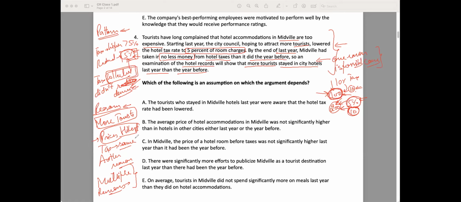Right? Again, the reasons could be, let's say, two reasons. Either there were more tourists or the prices were hiked. The author is making the conclusion that the reason for the same tax collections was that there were more tourists. Okay. So we are picking reason 1 to be the cause. So the inherent assumption in this is that reason 2 is not happening.